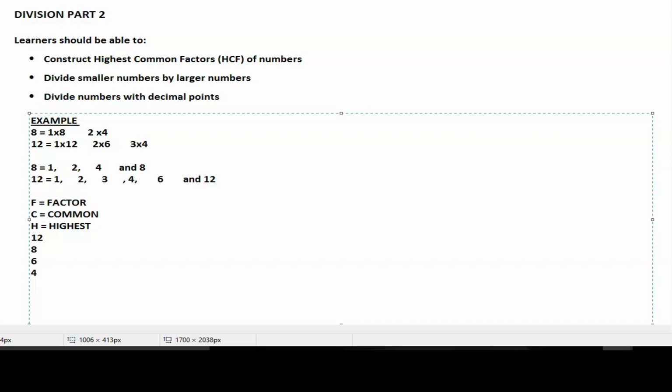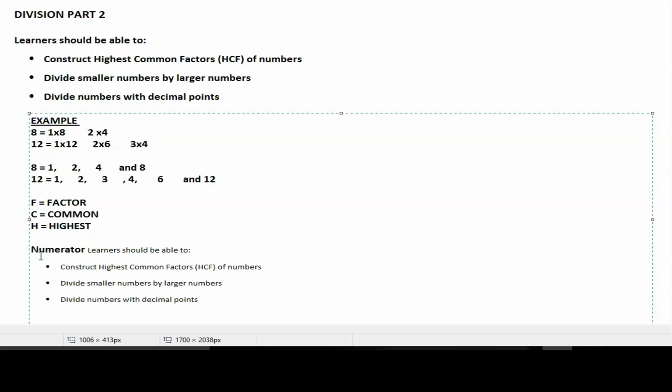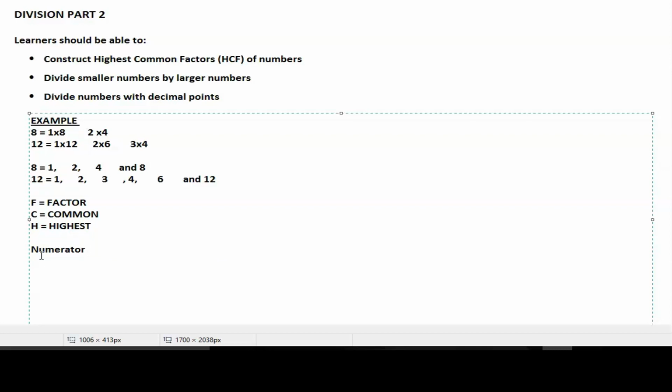So it's numerator divided by HCF. Our numerator is 8 divided by 4, HCF is 4. We get a 2.